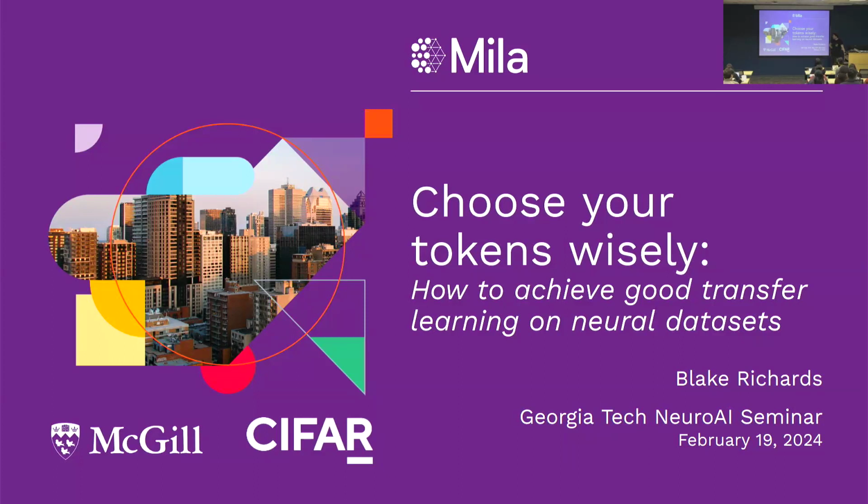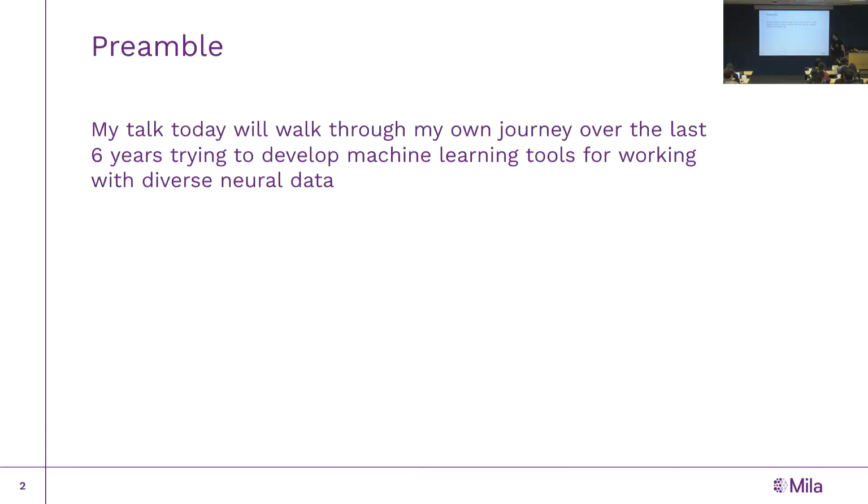Today I'm gonna walk you through a bit of my own personal journey over the last few years on questions of how best to analyze neural data. Over the last 6 years, my group has been involved in a lot of different things.